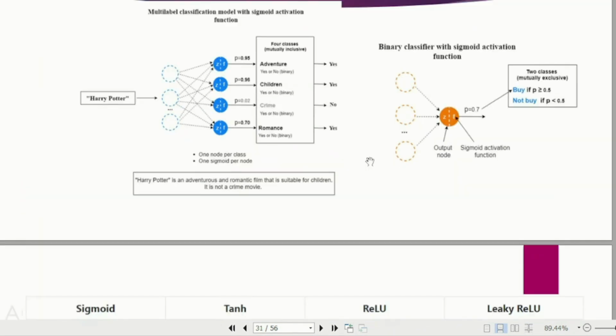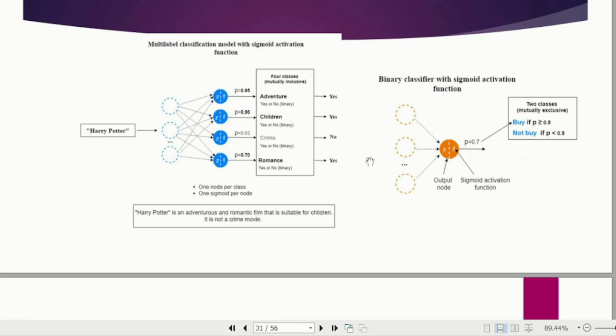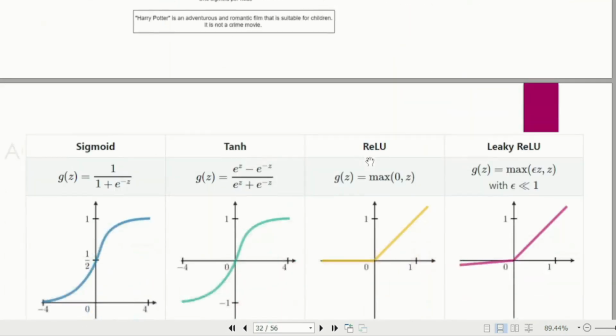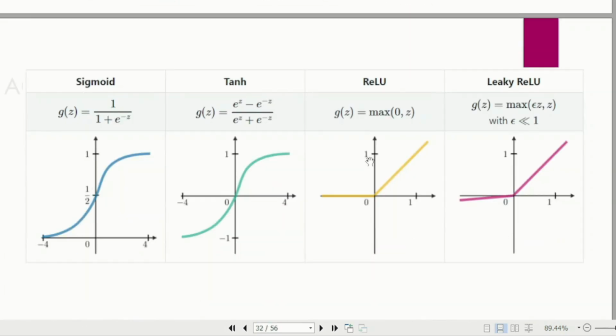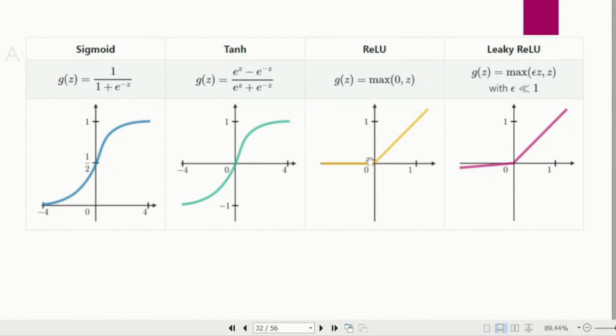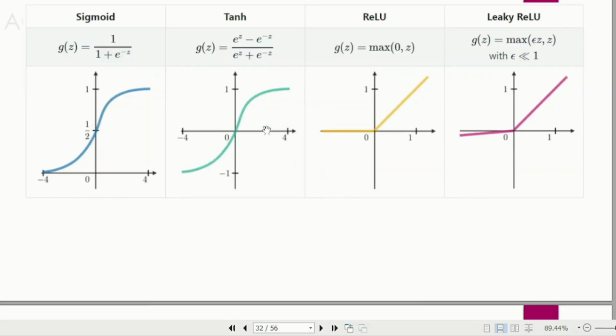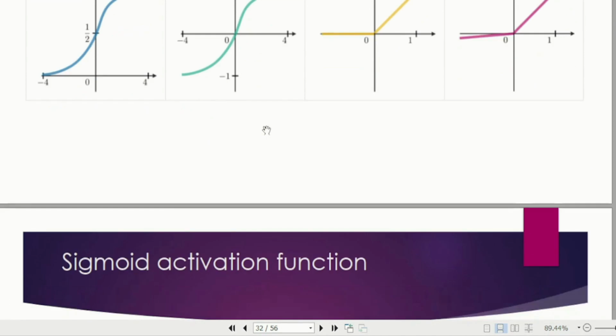These three we will discuss one by one: sigmoid is number one, number two is tanh, and then ReLU, how they are designed, how they are differentiated, and which one we have to select for our own design of networks.